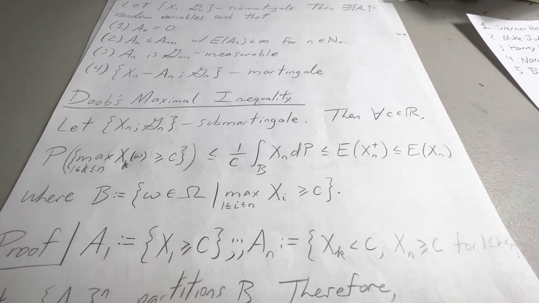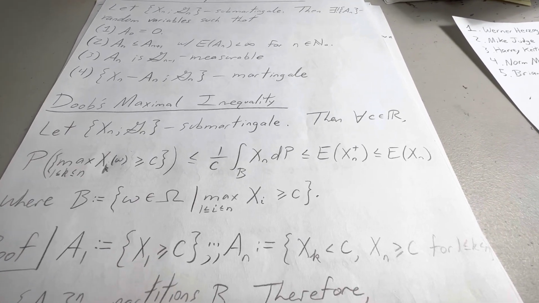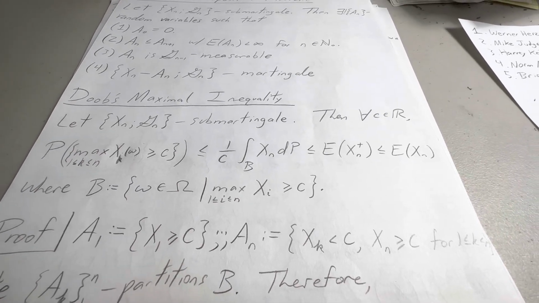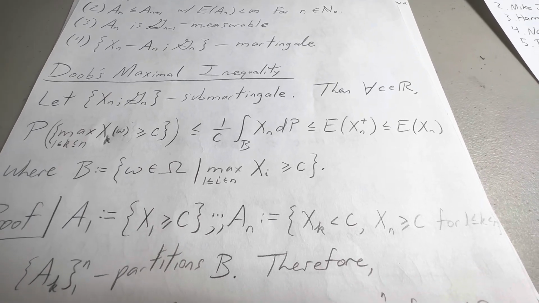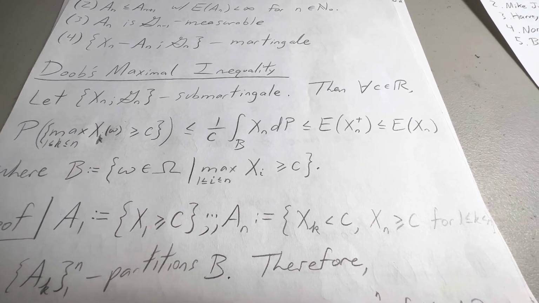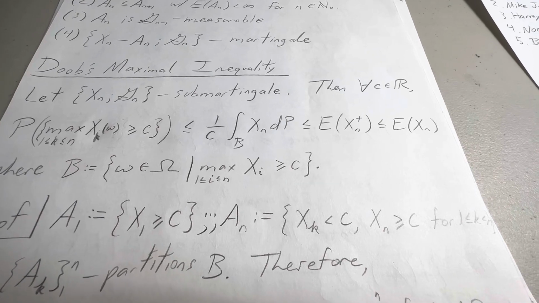So what does Doob's maximal inequality say? It says that given a submartingale, then for any c in the real numbers, which, looking at this now, I feel like it has to be positive real numbers in order to make sense. Otherwise, if it's negative, it doesn't make sense.